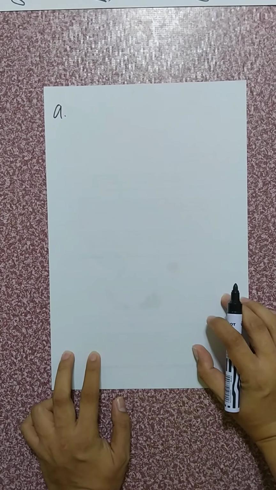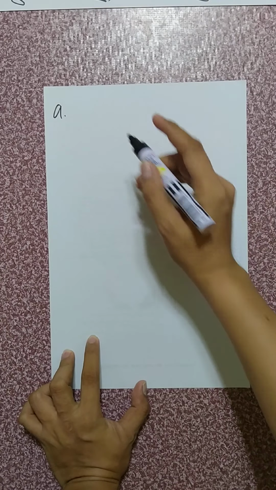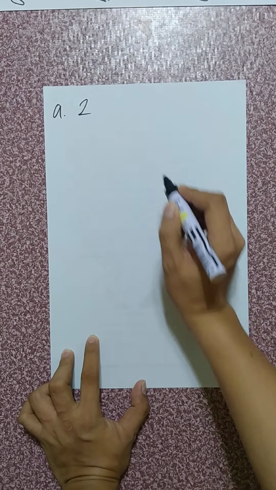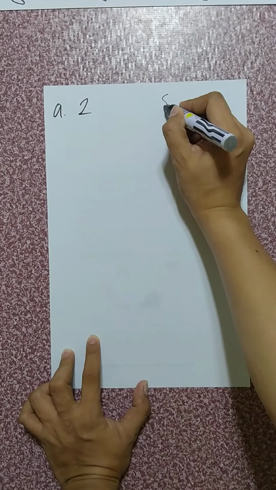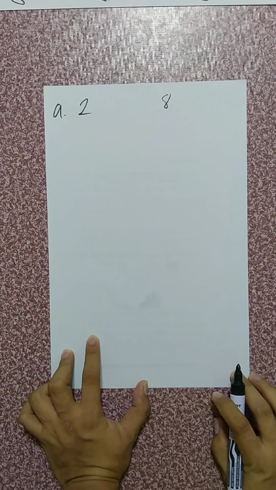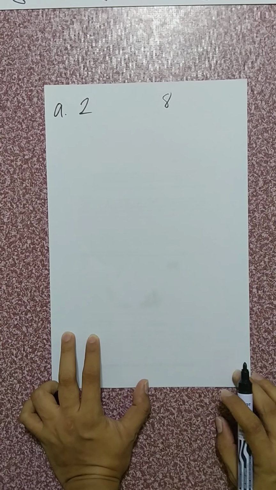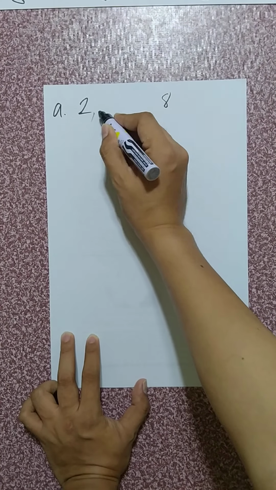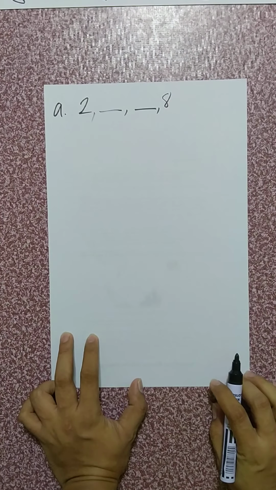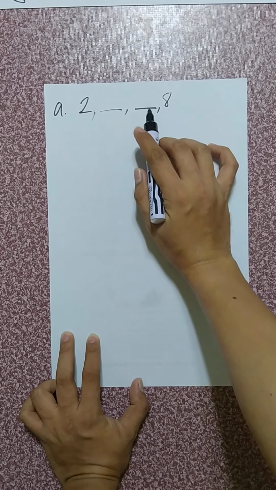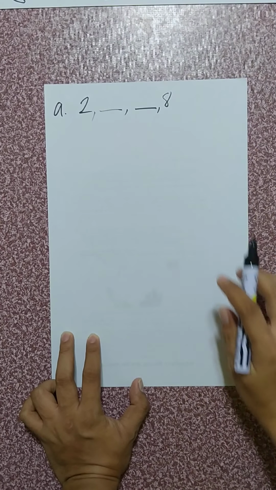So again, based dun sa ating problem, ang unang term natin ay 2 at ang last term natin ay 8. Ngayon, maglalagay tayo ng dalawang arithmetic means. So to illustrate our sequence, so ganito ang kanyang magiging forma. We have the two arithmetic means, and 8.